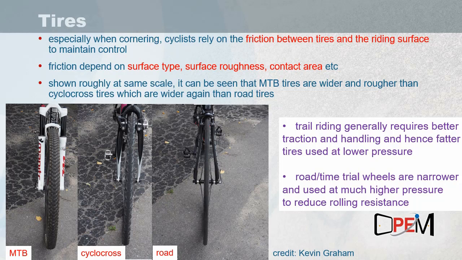And so the wheel you see in the middle has also a tire that has rough features on it, and is again a bit wider than the wheel at the right. The wheel at the right and tire is for a time trial bike, in fact. And so there is some effort to try to design for minimizing rolling resistance.